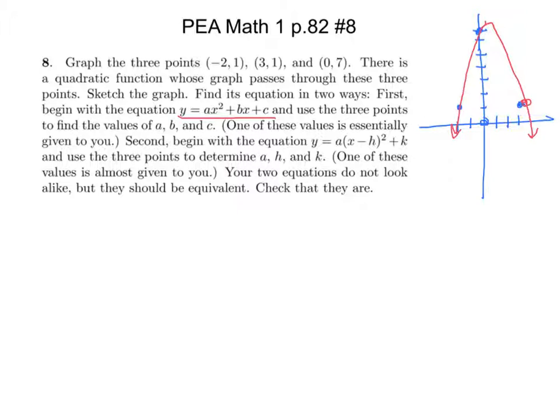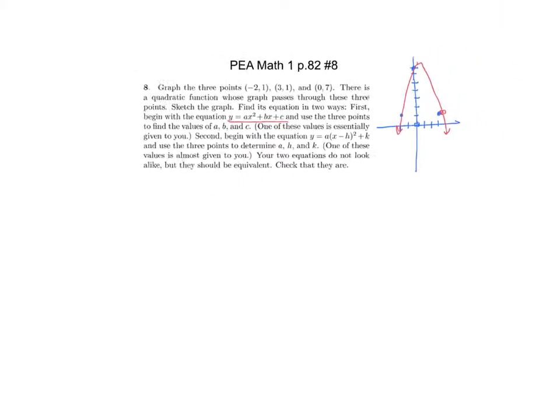Okay. So let's start with the first one here. I'm going to get this out of the way. We are using y = ax^2 + bx + c. Now they gave us 3 points, so we can substitute those into that equation for x and for y. Let me write those 3 equations up here to the right first.